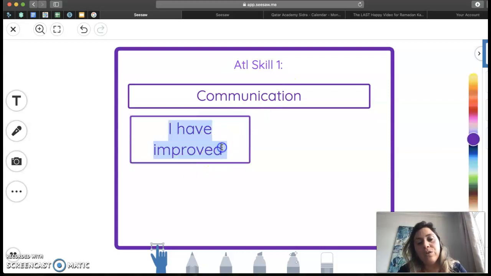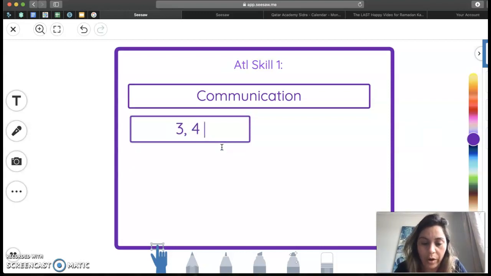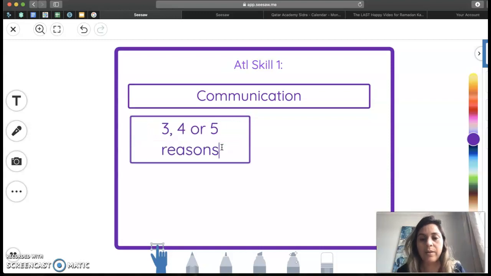And what I want you to write down here is 3, 4, or 5 reasons that support this selection. So, I think I have improved in communication skills because, number 1, I have blah, blah, blah. Number 2, I have blah, blah, blah.